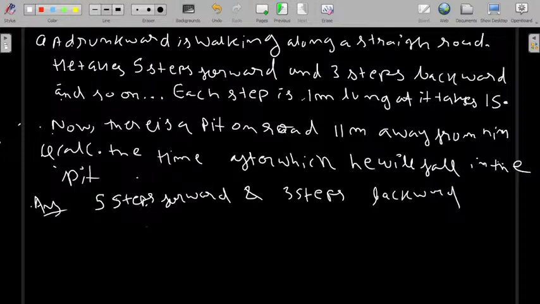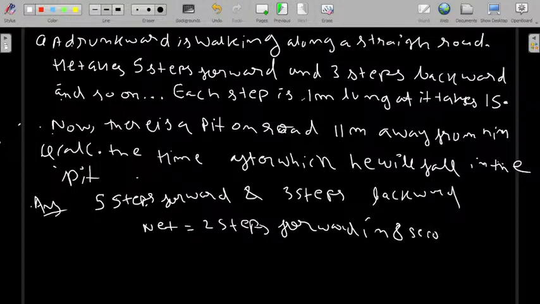Means net 2 steps forward. In how much time? 2 steps forward in 8 seconds. You know how this 8 seconds have come?